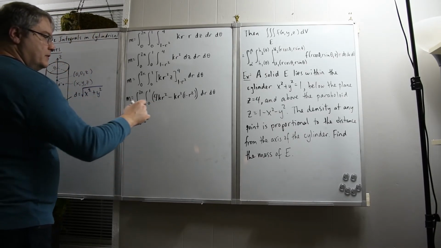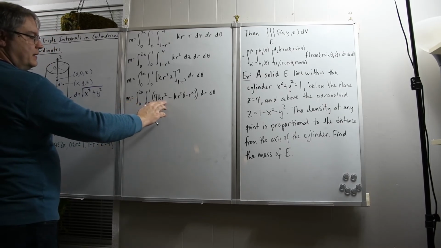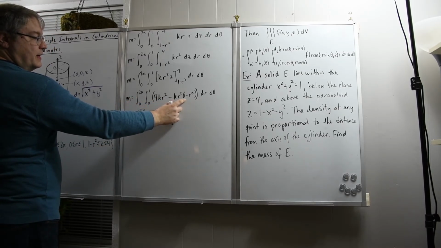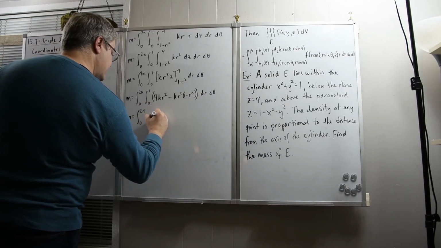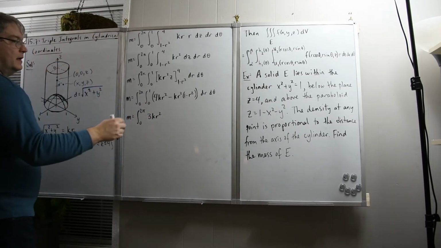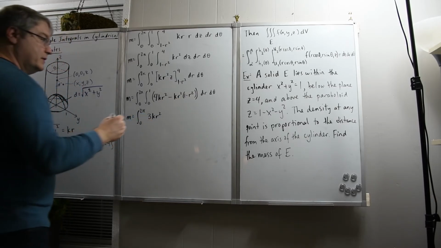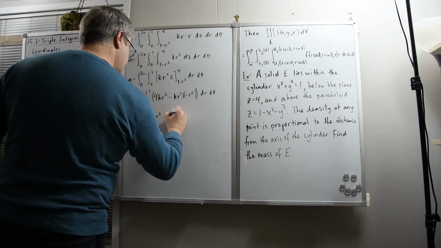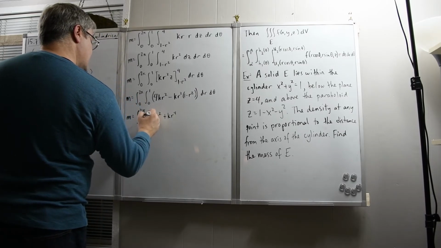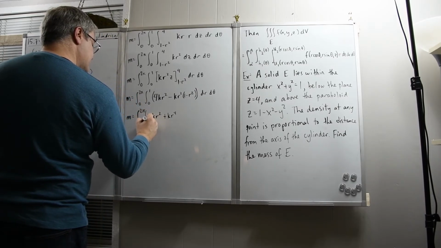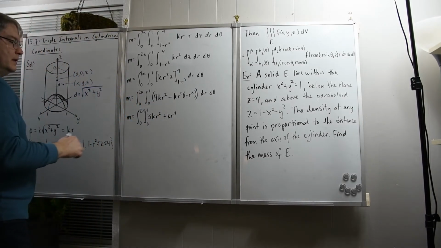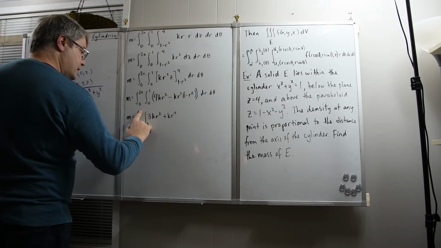But then if you take a closer look, you've got your 4kr squared here. You'll have a negative kr squared from here. That'll give us 3kr squared. And then we'll have a negative kr squared times a negative r squared, and that'll give us a plus kr to the 4th. Let's write this a little bit better.